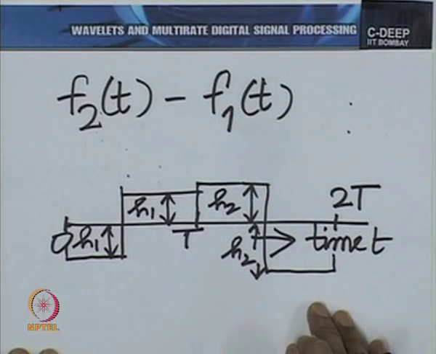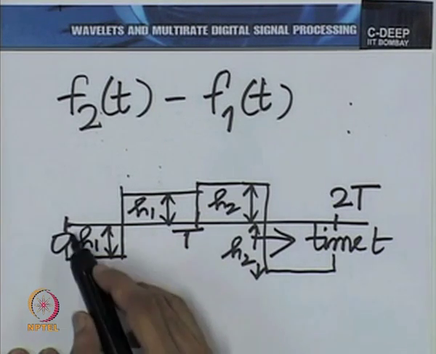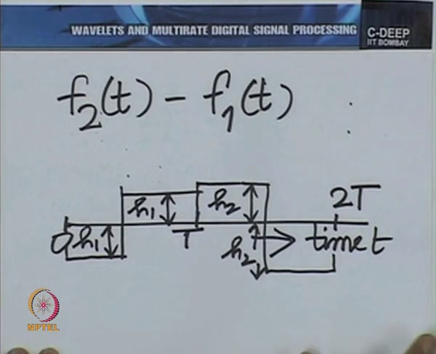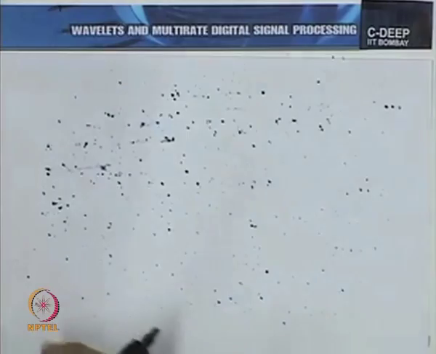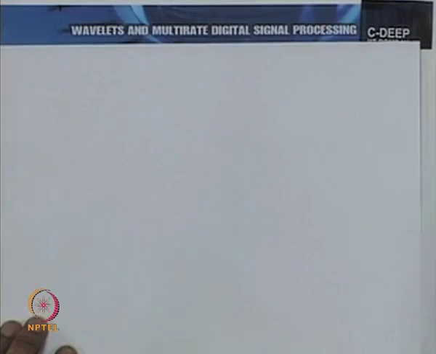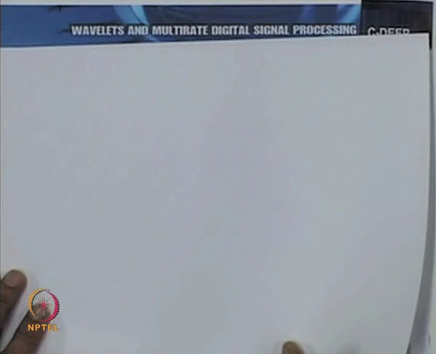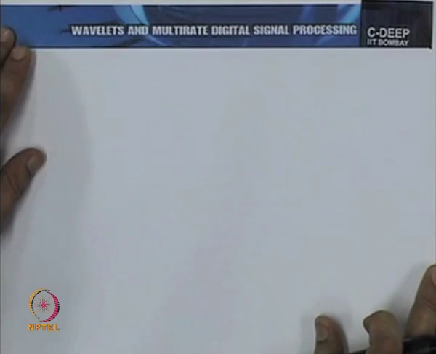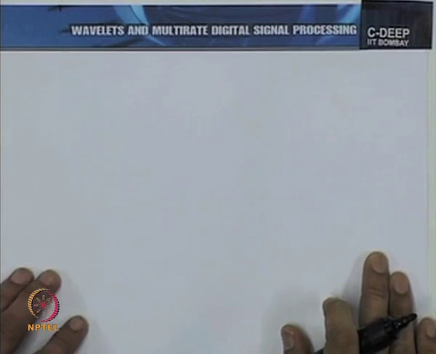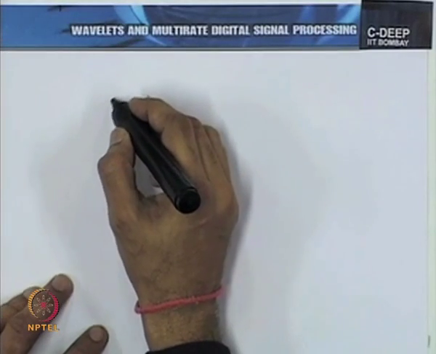Simple enough. Now, if we look carefully, we can construct all of this by using just one function. And what is that function? Suppose I were to visualize a function like this.